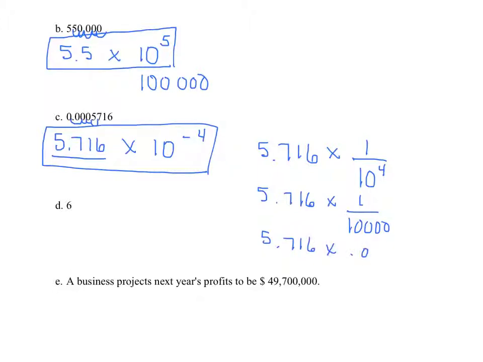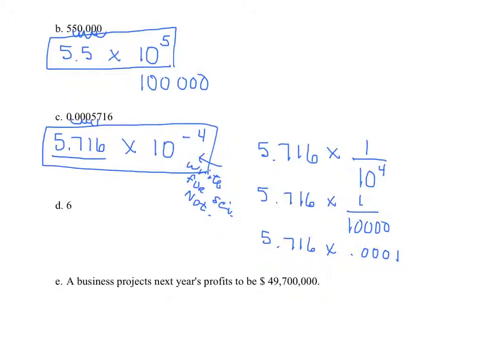Tenths, hundredths, thousandths, 10,000ths. So if I multiply these guys, I've got to move it back 4 places, but here is what you want to write for scientific notation. Perfect? But this is the explanation. You don't have to write out your explanation, but I just wanted you to see why it worked.